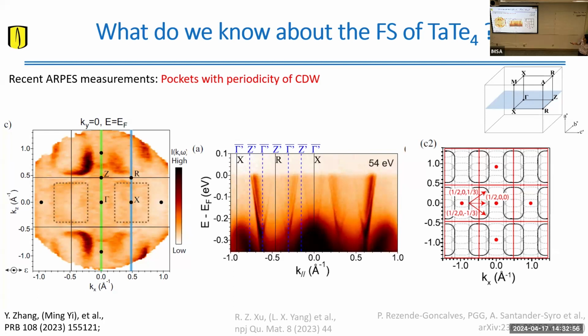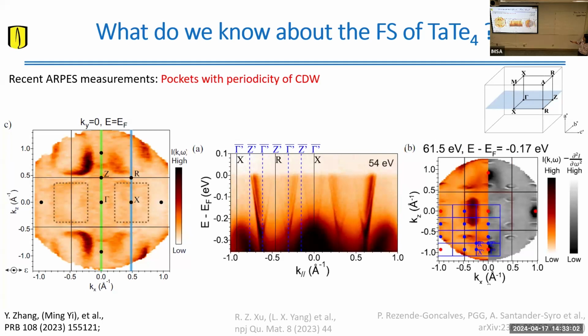These are very weak, and they create very small pockets like these ones here in this cell. So good, we have large pockets like these ones, and we have small pockets. So we have large frequencies and we have small frequencies.